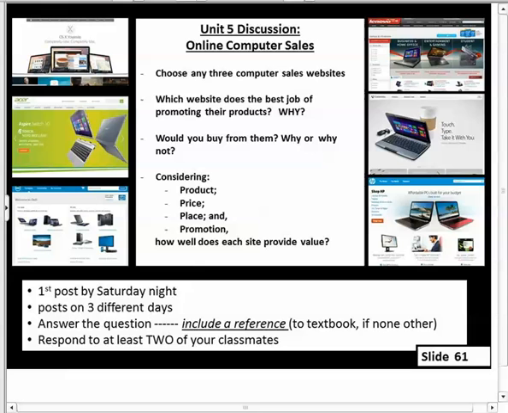So, what's our discussion going to deal with tonight? Well, this week is going to deal with online computer sales. And so you'll have an interesting discussion on that topic. And I think most all of us have used computers at one time or another. So you get to choose 3 websites, and you get to discuss the advantages and disadvantages of each.